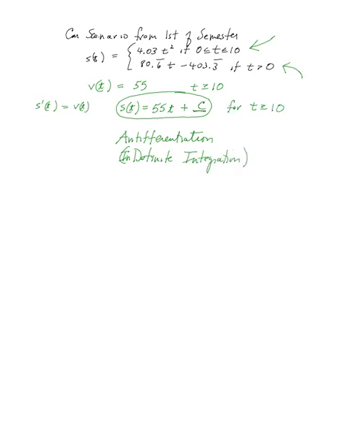And we're going to introduce this symbol. This is a symbol altogether for the most general antiderivative. So the way that we're going to write this original problem we did is we wanted to find the antiderivative of 55.